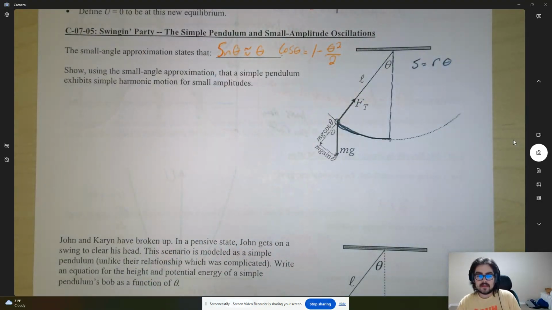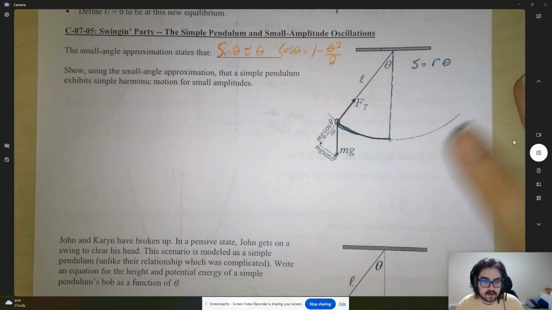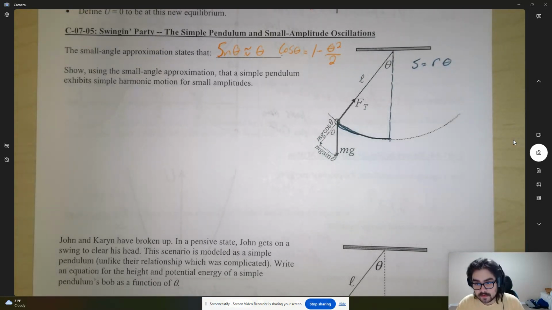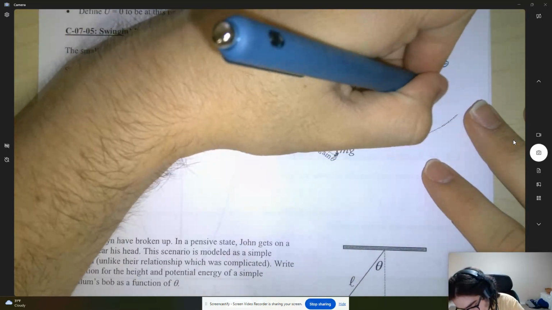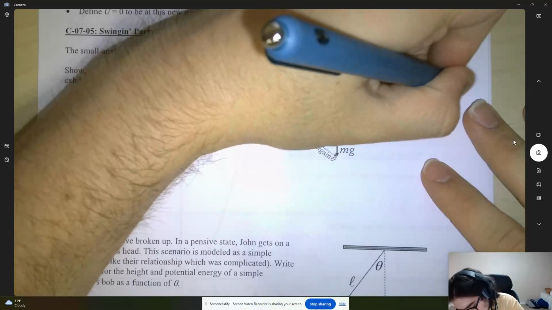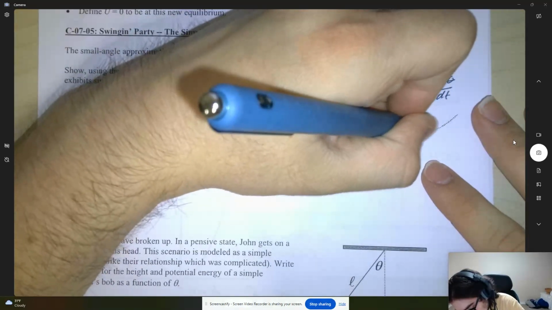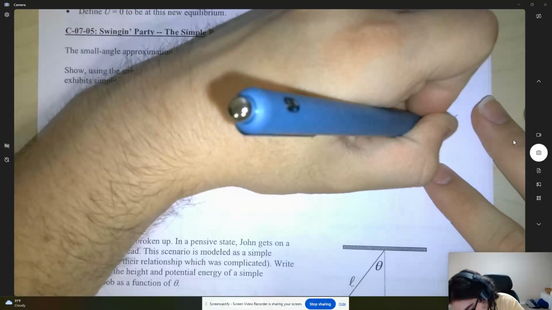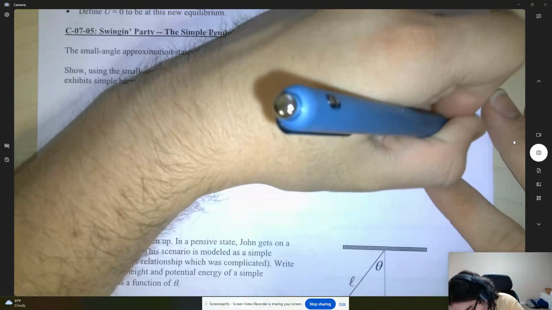Now, what I'm going to do is differentiate this twice, and I'll tell you why in just a minute. So this is going to be ds dt equals r d theta over dt, and then you get d squared s over dt squared equals r d squared theta over dt squared.